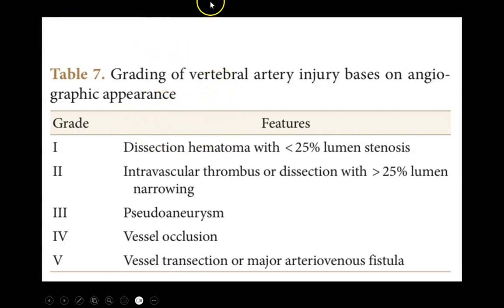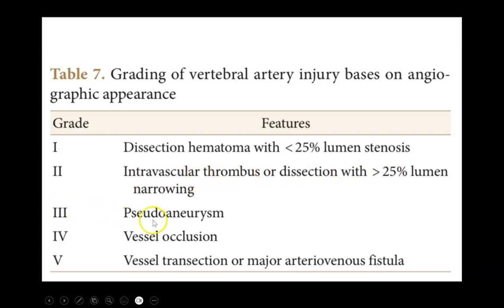So grade 1 of vertebral artery injury is when you have less than 25% vertebral lumen stenosis. Grade 2, if you have an intraluminal flap after injury of the intima, or vertebral dissection, with more than 25% lumen narrowing.